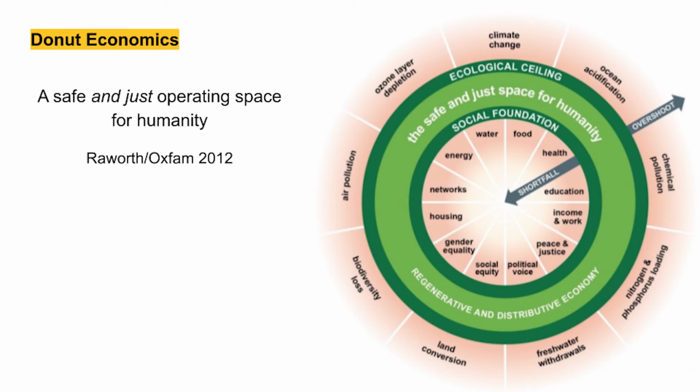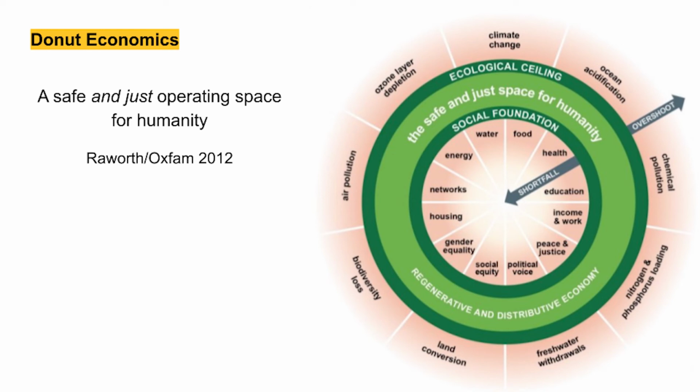And what this demonstrates is that within that donut are these areas of social needs where we don't want to have a shortfall. We want to protect people's access to food and water and energy, support networks, housing, gender equality, social equality, giving people a political voice, working towards peace and justice. We don't want to fall short on those areas.